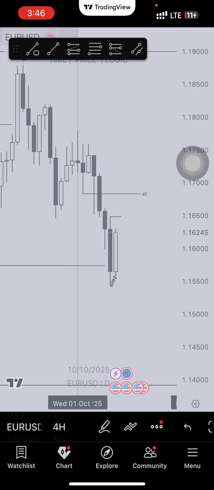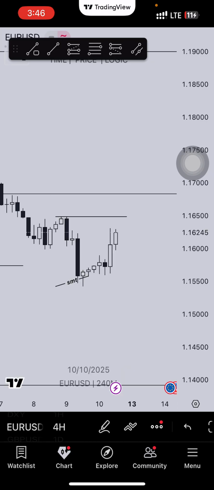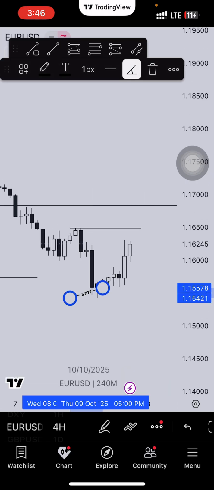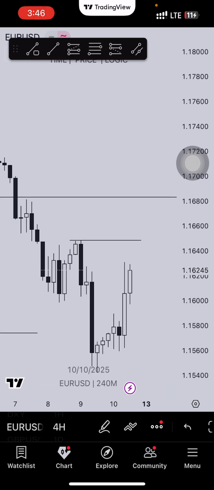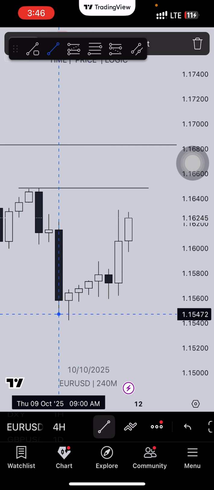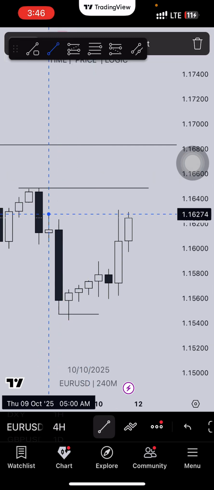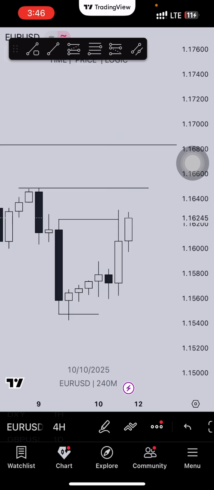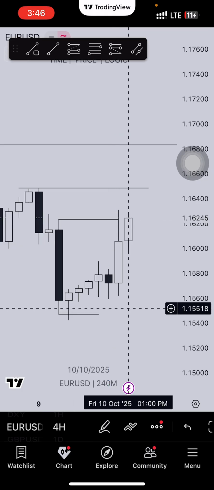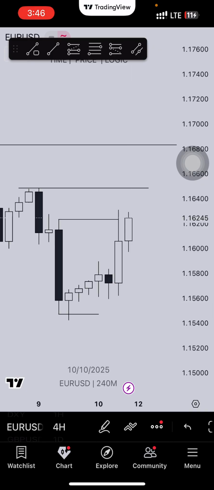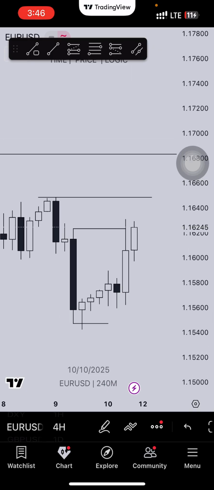And if you go to the lower time frames, the 4-hour time frame, you can see that we had a CRT that was just completed and closed back inside the range, and then at 1 a.m. you can see that we formed a fair value gap.